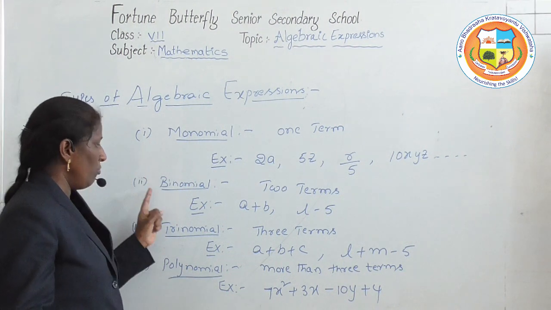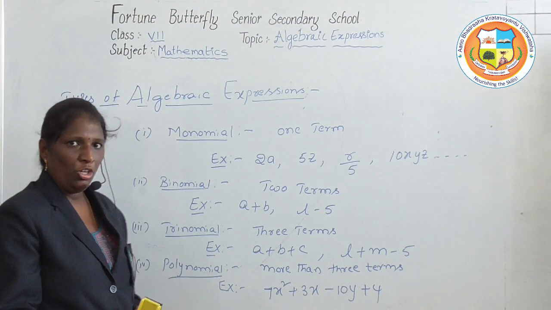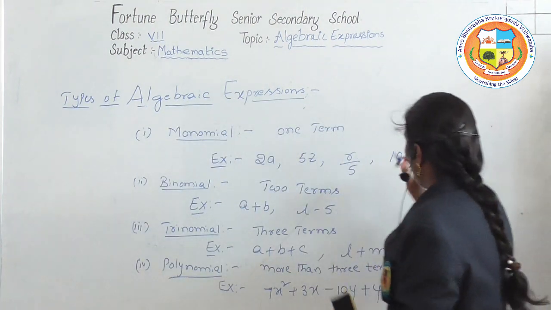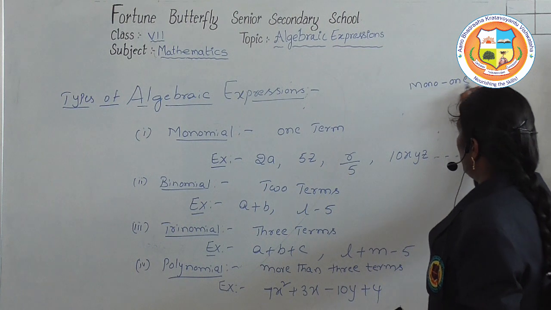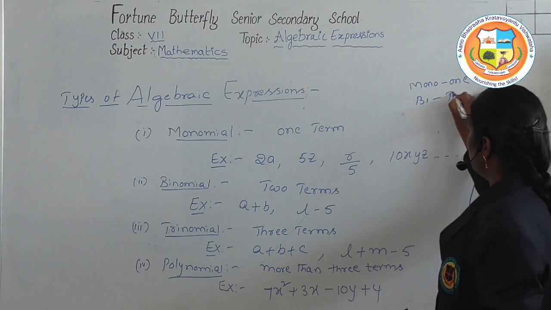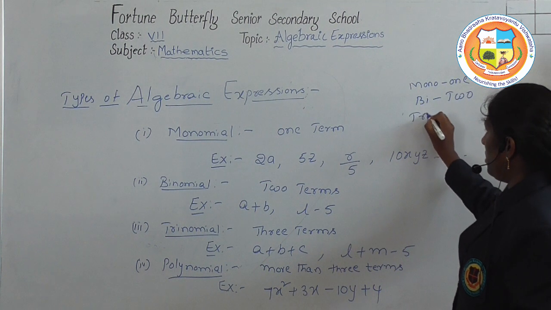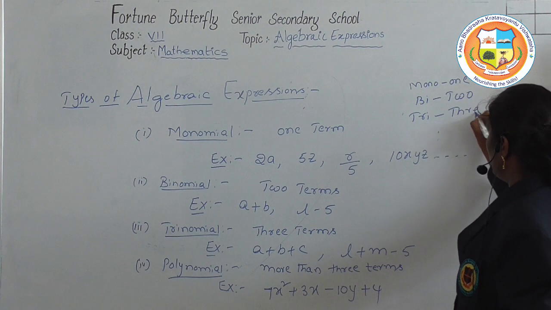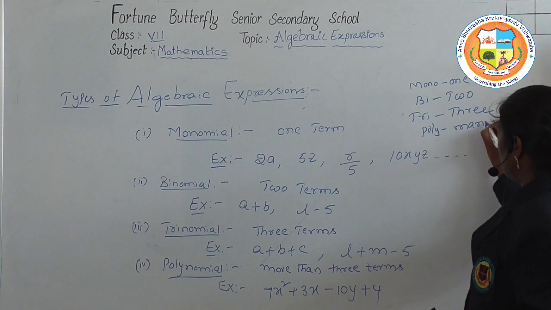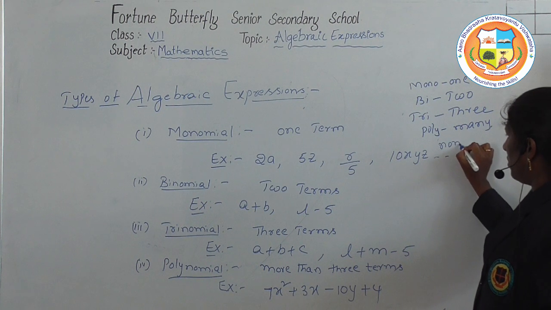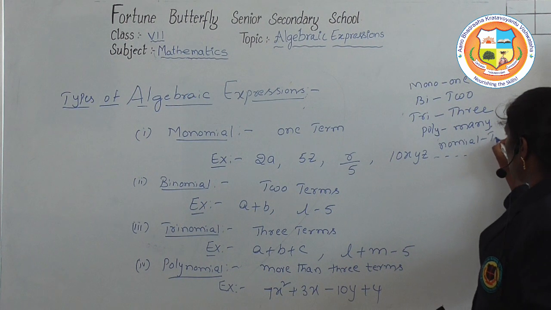One is monomial, binomial, trinomial, and polynomial. Mono means only one, bi means two, tri means three, poly means many, nomial means terms.